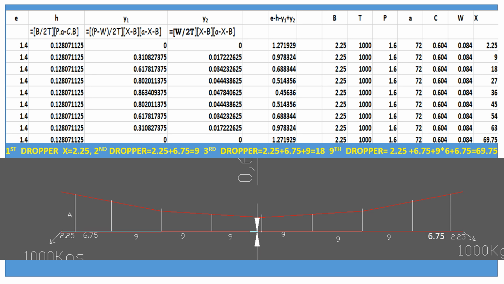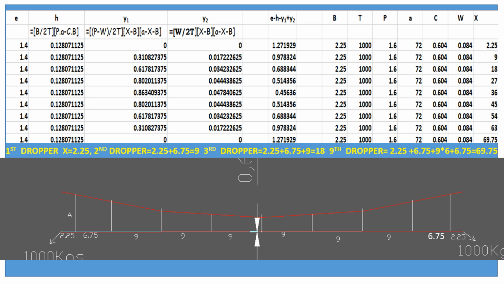It is somewhat easy. Simply remember that for a span divisible by 4.5 but not by 9, the spacing will be 2.25 from the two masts, then all will be 9 meter. But for a span divisible by 9, the A dropper is 2.25 and the next dropper is 6.75.